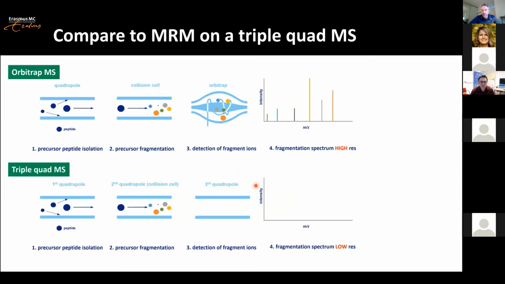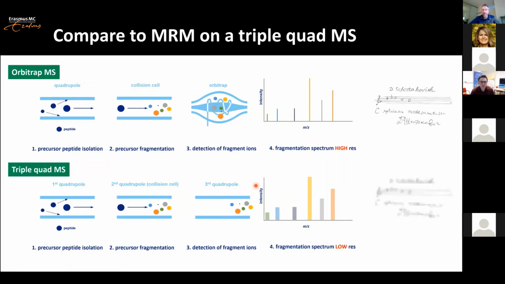So the difference, of course, being the fragment ions measured at high mass accuracy and resolution in the Orbitrap compared to the relatively low resolution in the third quad of a triple quad instrument. And the resulting peptide fingerprint in an Orbitrap is just much more informative than the fingerprint from a triple quad MRM assay.